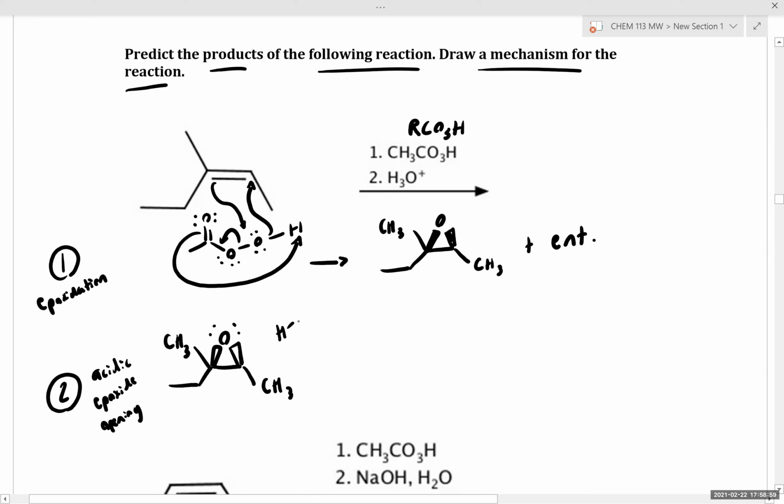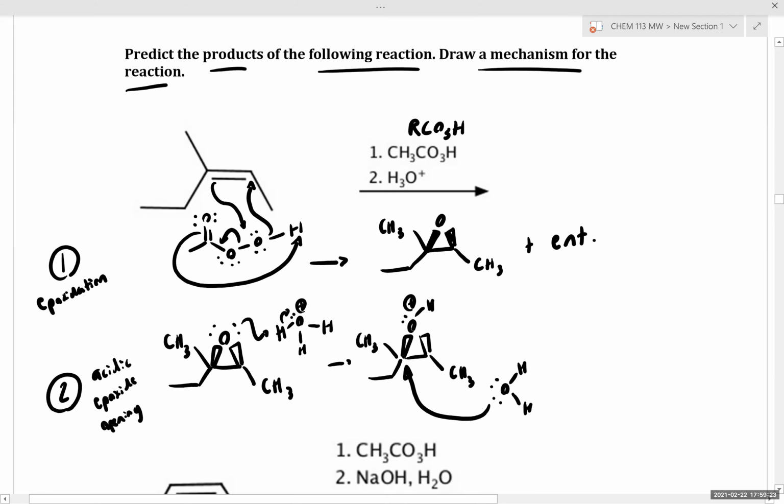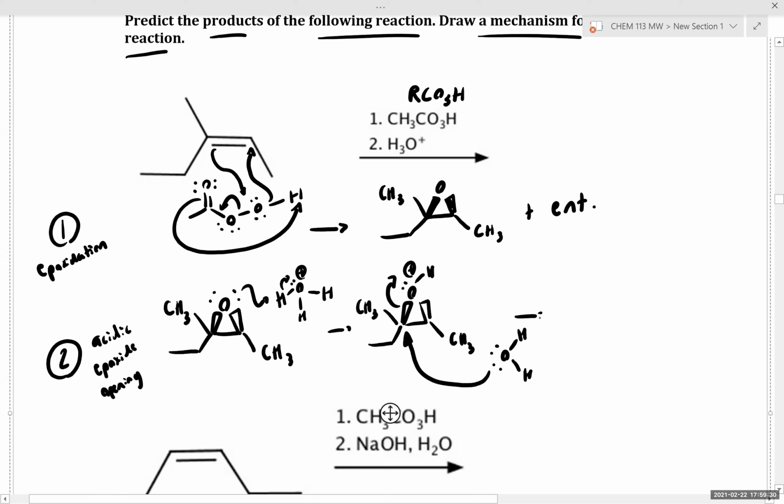So the first step, we're going to protonate our epoxide. That generates our active intermediate. From there, our nucleophile, in this case water, is going to attack with Markovnikov regiocontrol and anti-stereoselectivity.